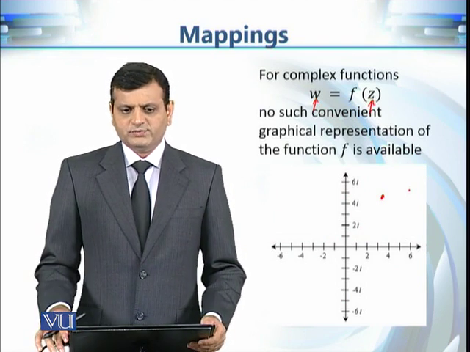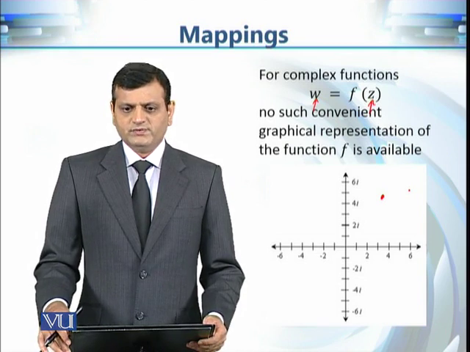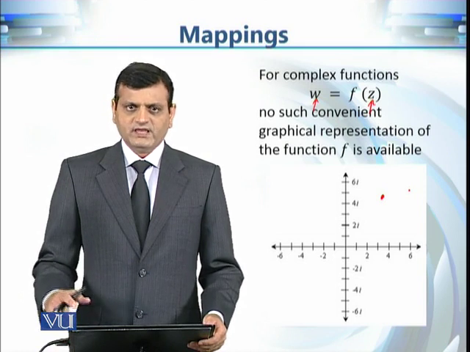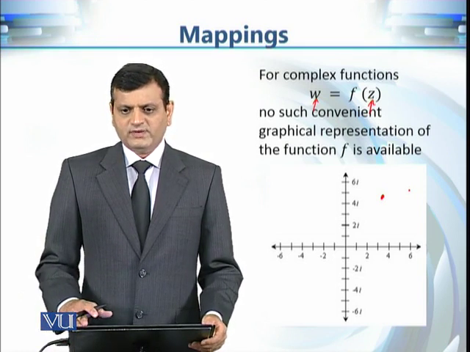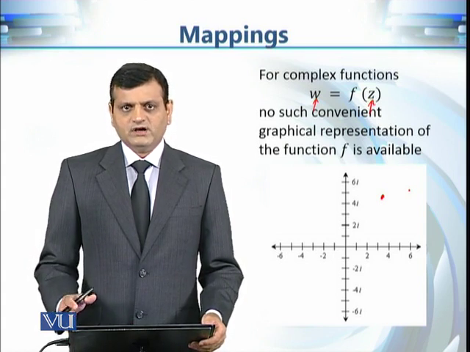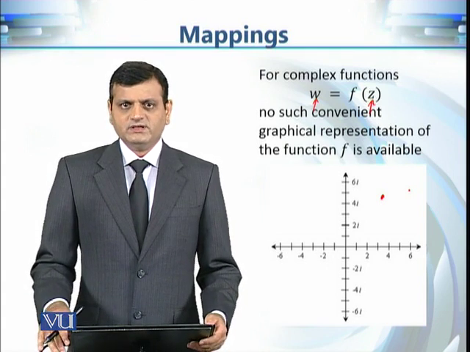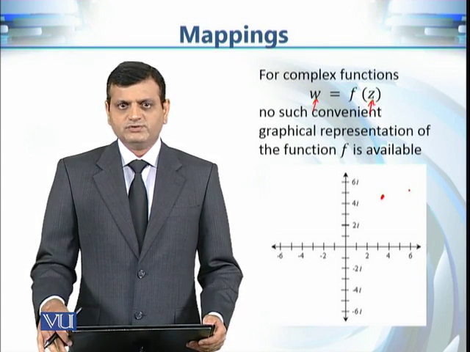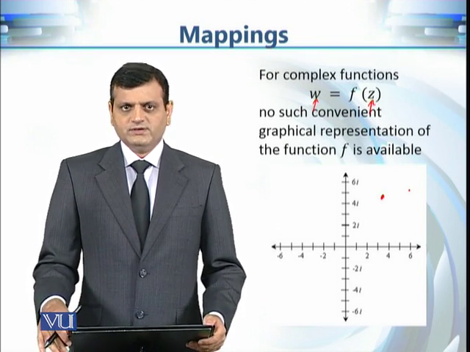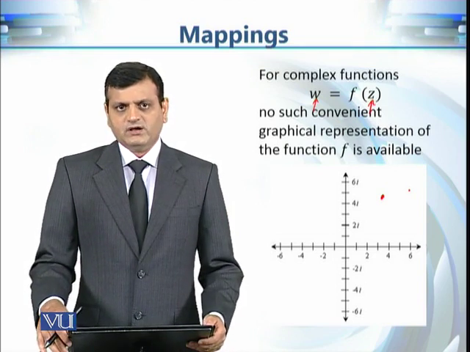Following the same procedure as for real valued functions of one variable, we take the domain axis and the range axis. In this case the domain comes from the plane R2 and the range comes from the plane R2. So if we follow the same procedure, the graph of these functions is going to be in R4, which makes it very difficult to observe geometrical properties.